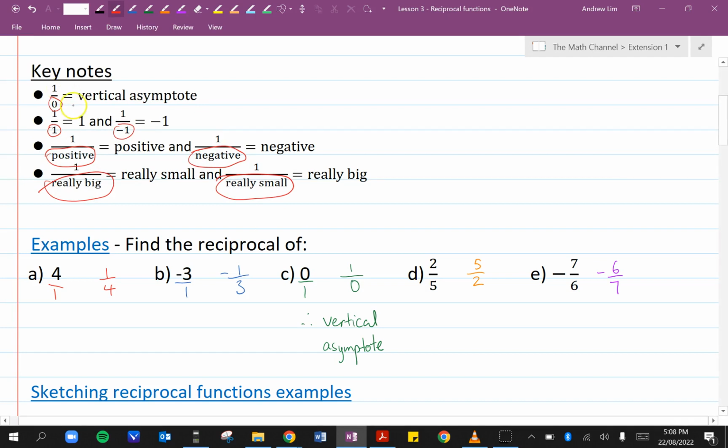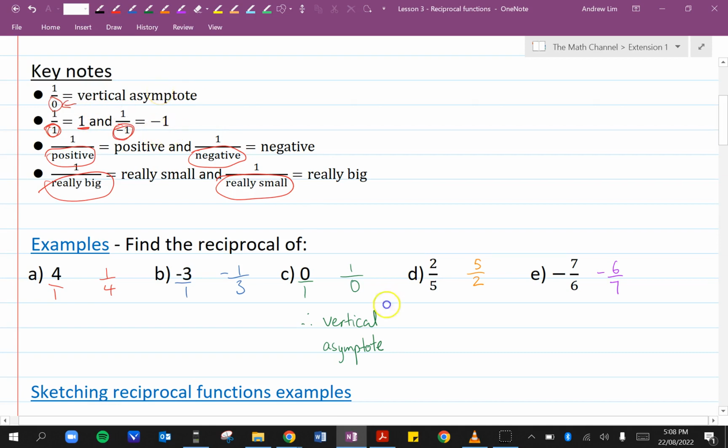So when the y value is 0, which means an x-intercept, there'll be a vertical asymptote. When the y value is 1, the reciprocal will be 1. When the y value is negative 1, the reciprocal will be negative 1.